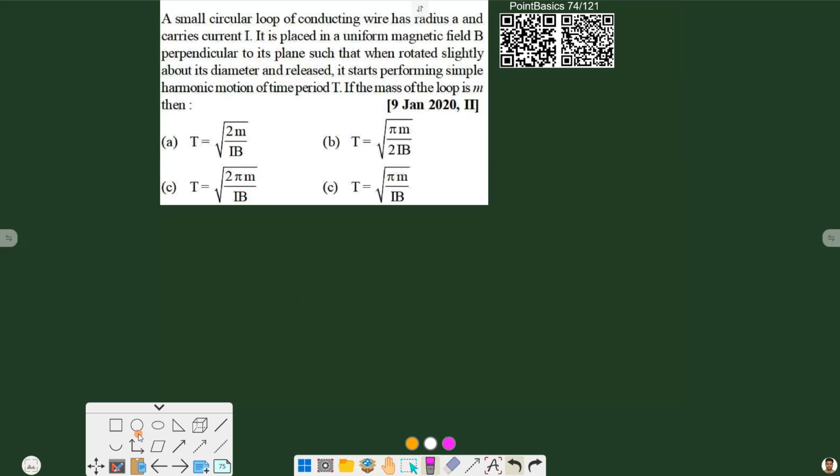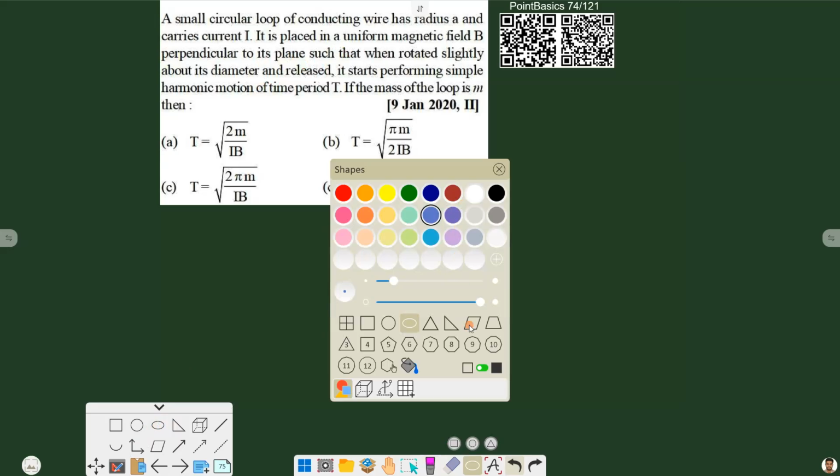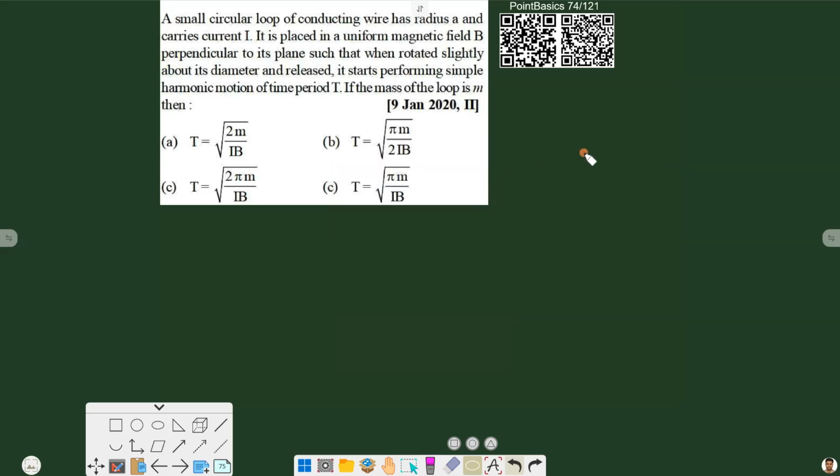So suppose this is our loop, and it is oscillating about its diameter. Let me draw the diagram properly first. Now suppose the red line represents its diameter.